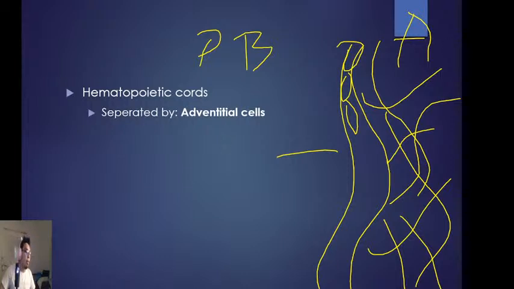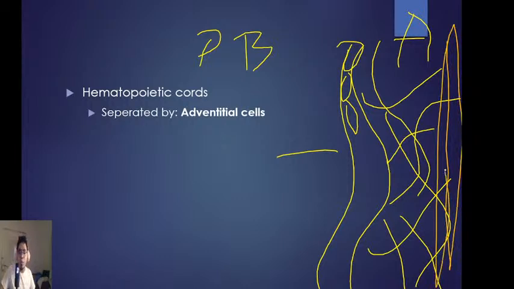So if it's in the orange area, the inner portions of the cords, it's granulocytic precursors. But if it's near the corpusa adventicula, that's going to be either erythrocytic precursors or megakaryocytic precursors.